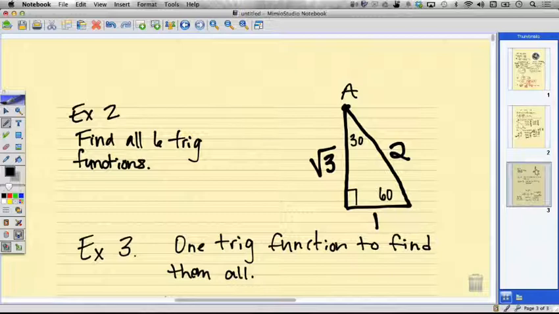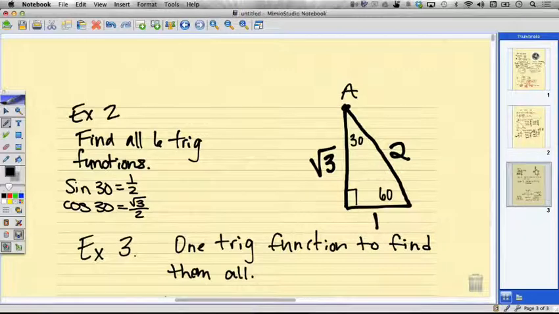Sine of 30 is equal to the opposite over the hypotenuse, 1/2. The cosine of 30 is equal to the adjacent over the hypotenuse. That's going to be square root of 3 over 2. And then tangent of 30 is the opposite over the adjacent.